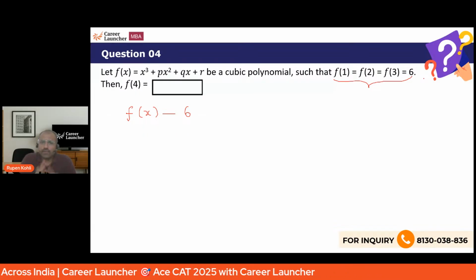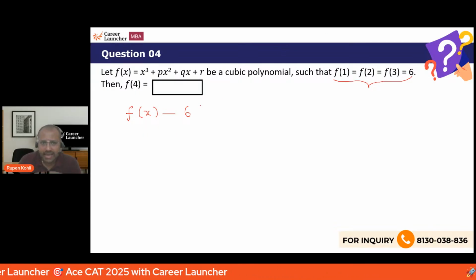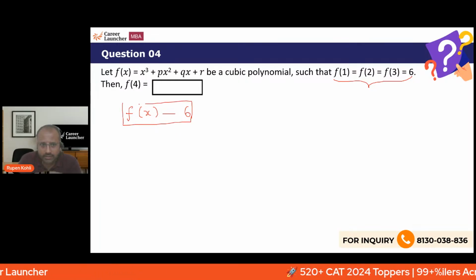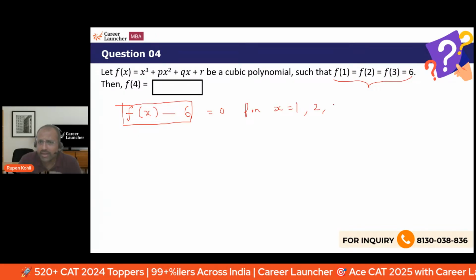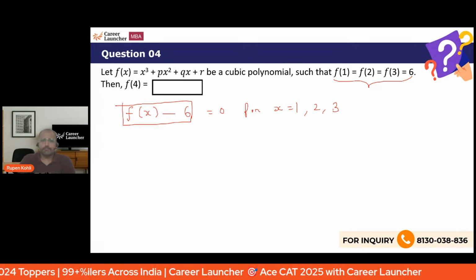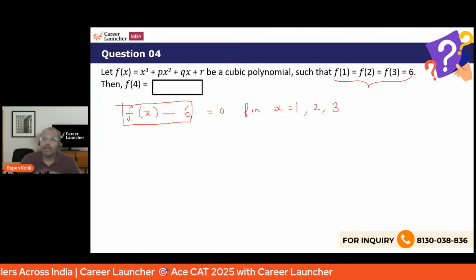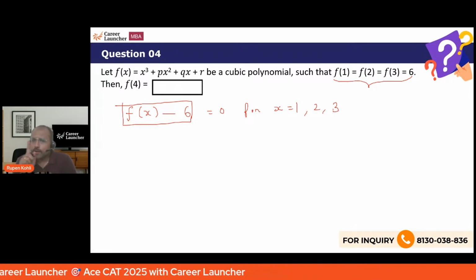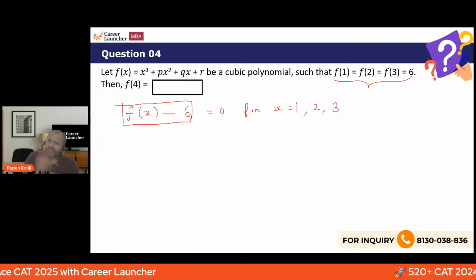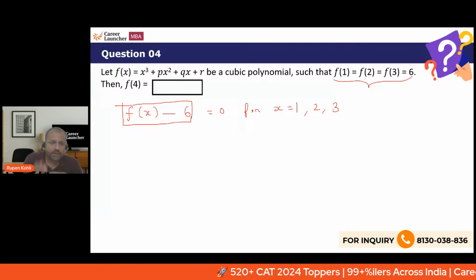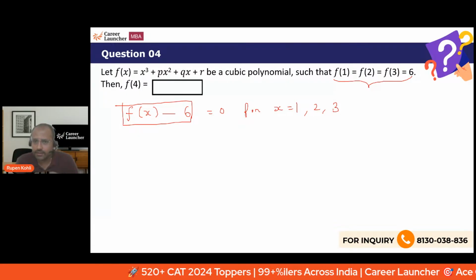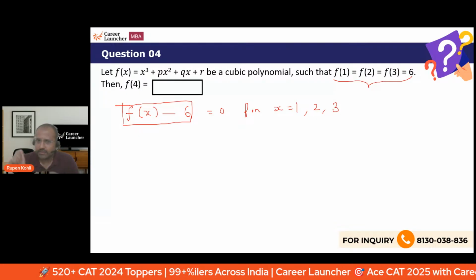Can I say that f(x) minus 6 as an expression, let's put this in a box, this thing equals 0 when x is 1 as well as 2 as well as 3, right? It means that f(x) minus 6 is a cubic polynomial whose roots are 1, 2, 3, isn't it?